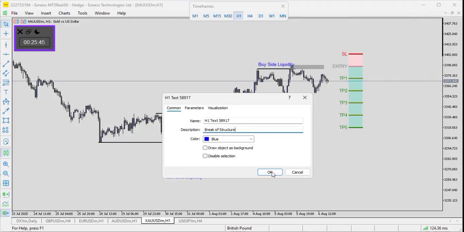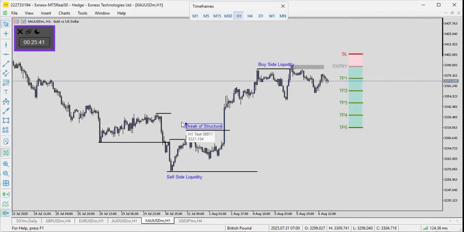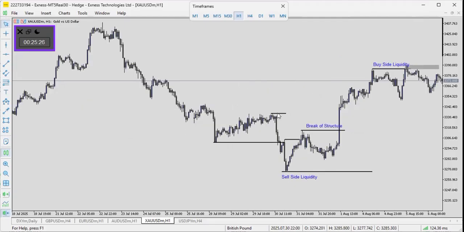Now, just keep this to the side. You understand what I was trying to explain earlier. This market, as it's coming down, has several high points.